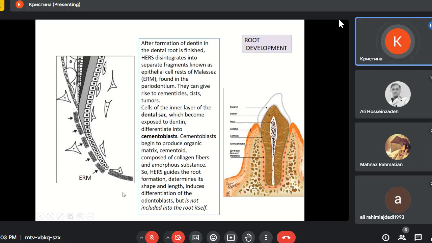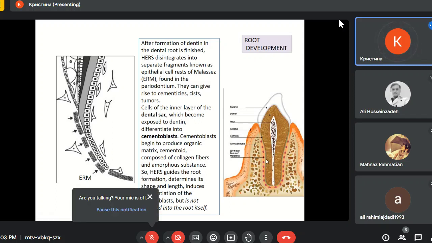So the tissues of the root contain pulp, which develops from the dental papilla, dentin, which develops also from the dental papilla, and cementum, which develops from the dental sac. So all the tissues of the dental root develop from mesenchyme, not from epithelium.